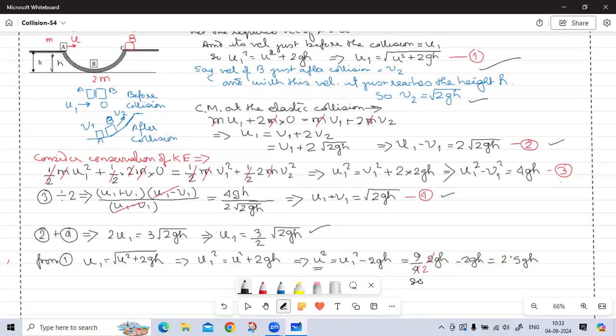So u is equal to under root 2.5gh. This is the value of u, the first block A, with this velocity the block should be pushed so that after collision, the block B just reaches the highest point C. That was the question.